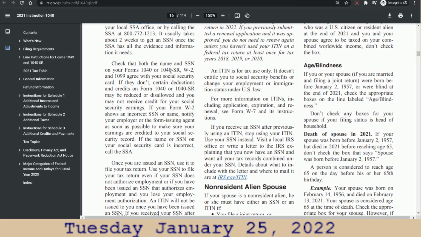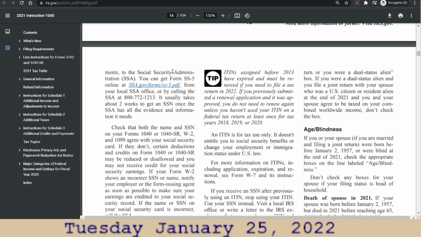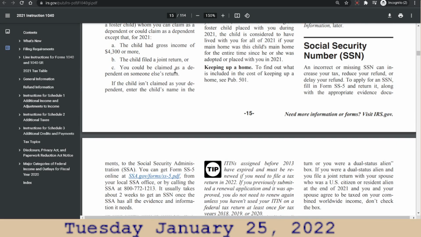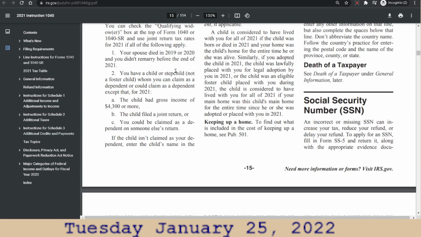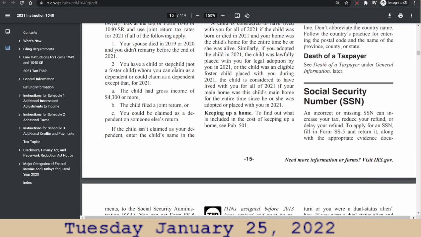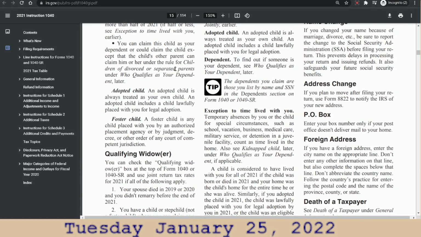Age and blindness, Social Security numbers, death of a taxpayer, cost of keeping up a home, and then an address change.